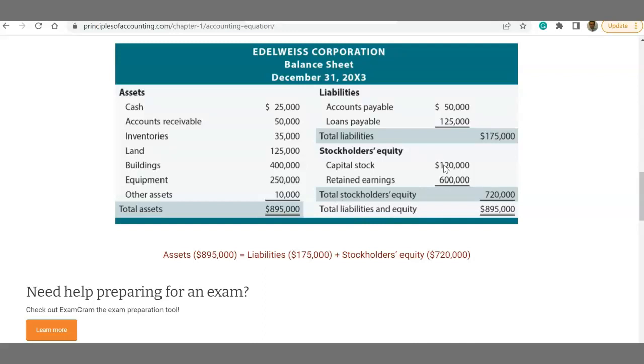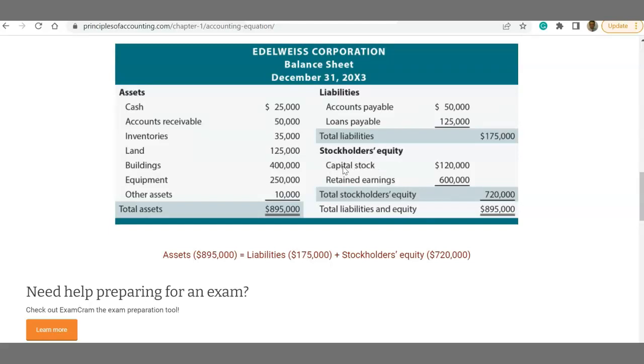If it's a sole proprietorship, here you call it owner's equity, and you have just one T account. You call it owner's capital, and that's just one T account. There is no retained earning or anything like that. So in a sole proprietorship, you just have owner's capital.